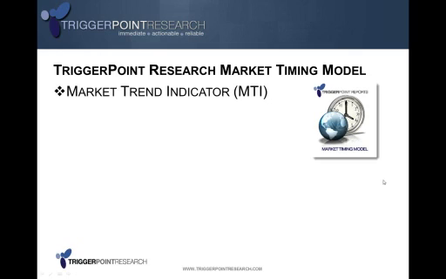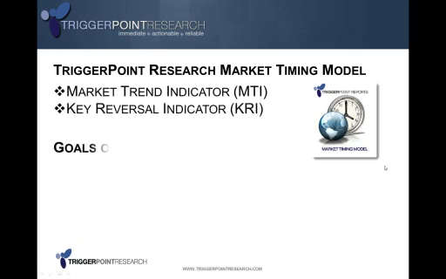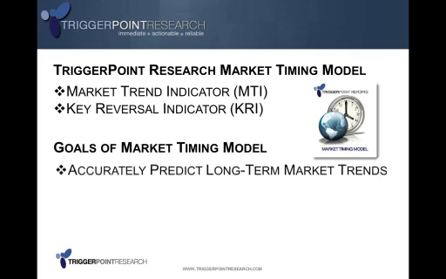Let me show you this. I want to show you something really cool. These are the goals of our market timing model. You want to accurately predict long-term market trends. You want to find where there is the potential for a short-term reversal.